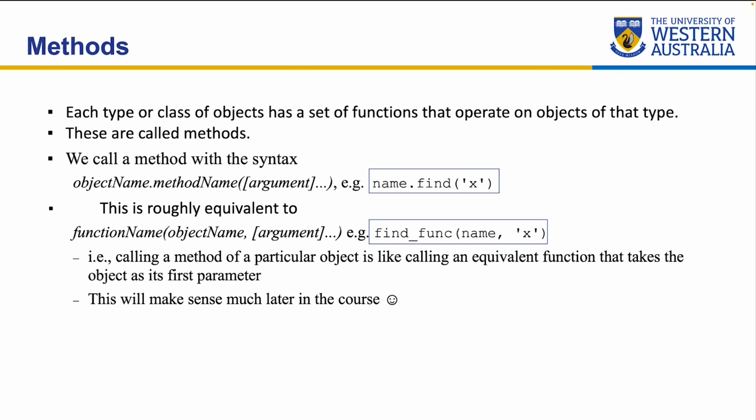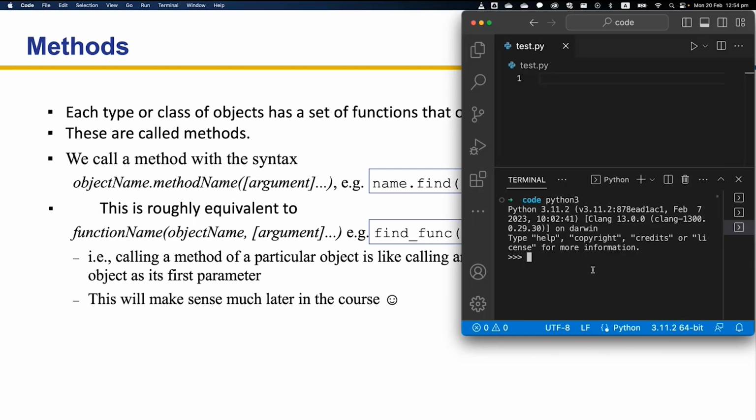Let's do the name dot find example first. Let's open a terminal and open up the shell. Let's create a name variable first. Name equals John Doe. Okay, so now we created a variable called name, which is a string, right? So string has a method called find.